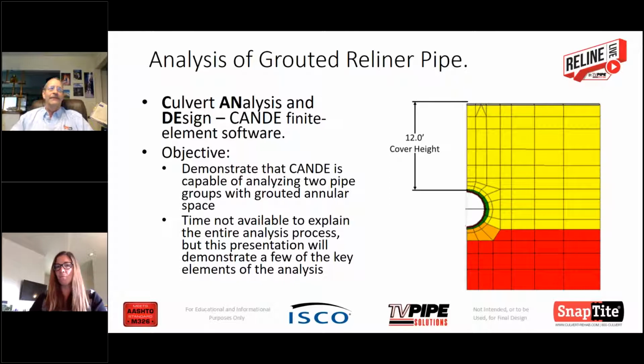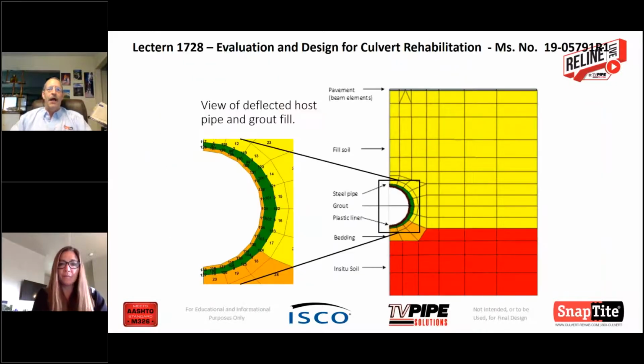The user's guide for this is 3,000 or 4,000 pages long. Dr. Katona came in and spent 3 or 4 days with us to train us how to use the FEA software. Each color represents a different material, so you can design different properties for each fill material used and for each material used in the RPS system, the liner pipe, the host pipe, and the grout.